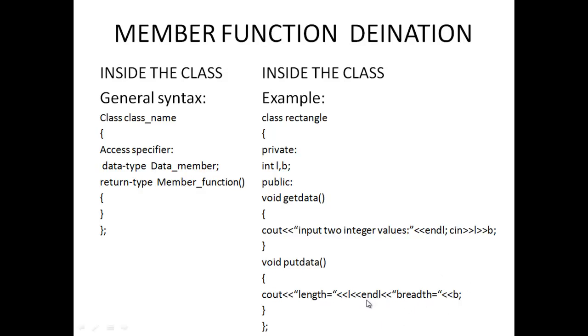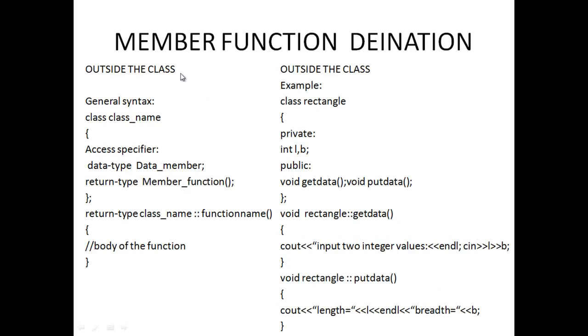Endl identifies the newline character, and then again display something, that is breadth, and then the value of the breadth. That means when we run this program, the first line asks for input values, and then it displays the values which we entered in the class.